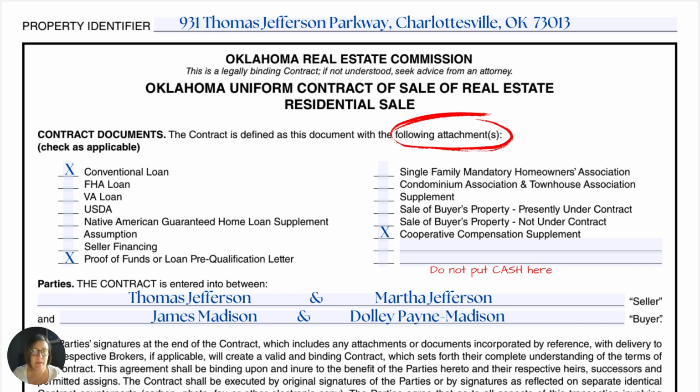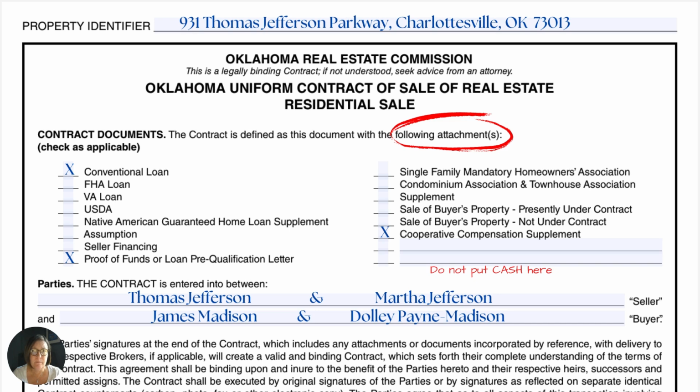The seller's names are going to be in county records typically. So you'll look up their names in the county assessor. If there's 2 or 3 owners, type their names in. If it's a trust or held corporately, put in the name of the trust or the name of the corporation that owns the property. The buyer's names you're going to get off of the pre-approval letter.